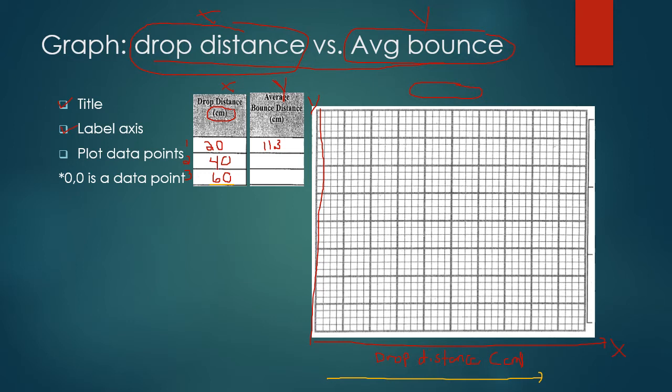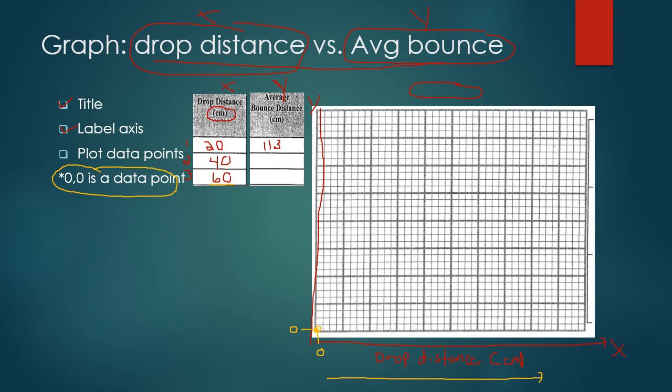Now this corner right here is going to be 0 on the x-axis and 0 on the y-axis. So why am I labeling that 0 on x and 0 on y? Because 0, 0 is a data point in this lab. Why is it a data point? Well, let's think about it.